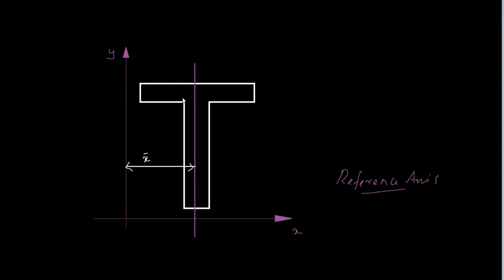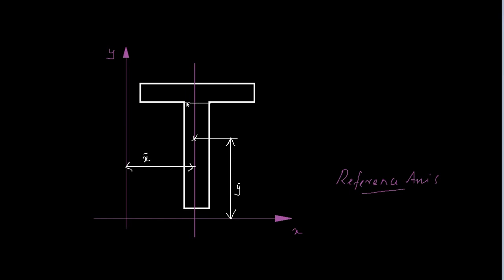Now you need to find the coordinate y bar. Let's say the centroid is here, and you need to find the distance to that point from the x-axis, and that's your y bar. So for that, what you're going to do is just divide this body into two known shapes.